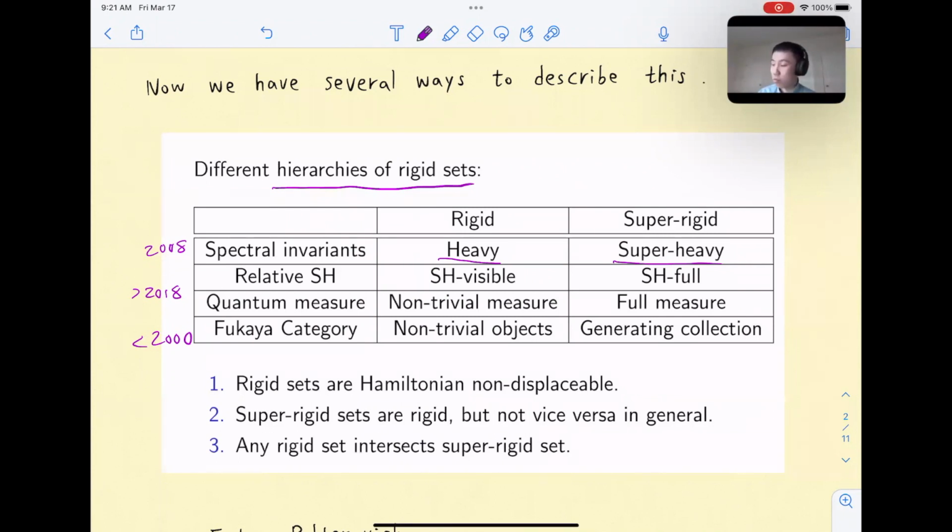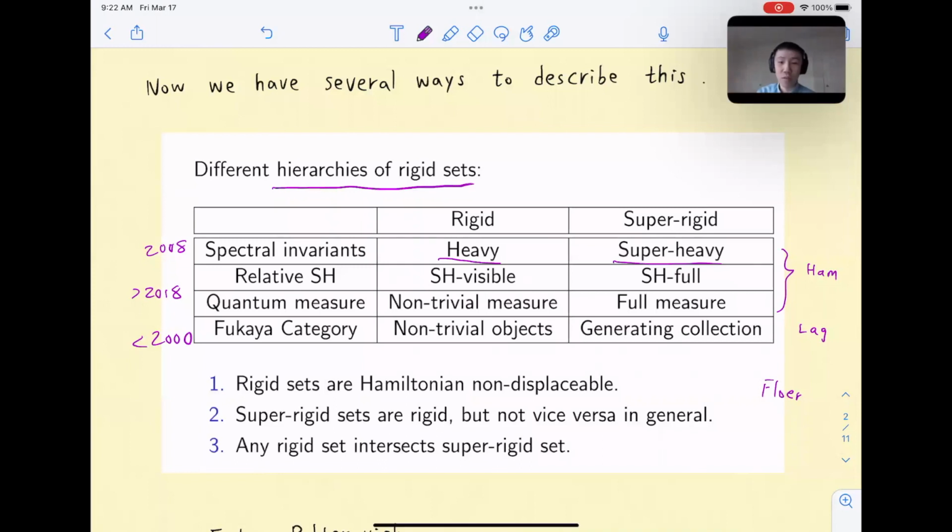Another remark is that all of those four are defined using Floer theory. The first three are defined using the closed string version, in other words Hamiltonian Floer, and the last one uses Lagrangian Floer theory.